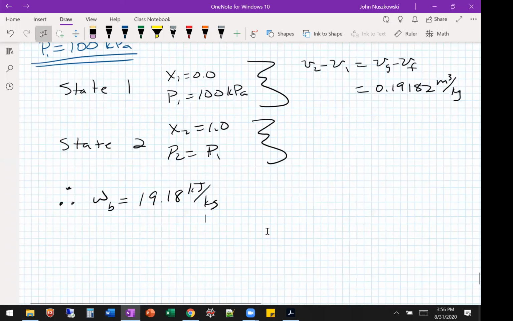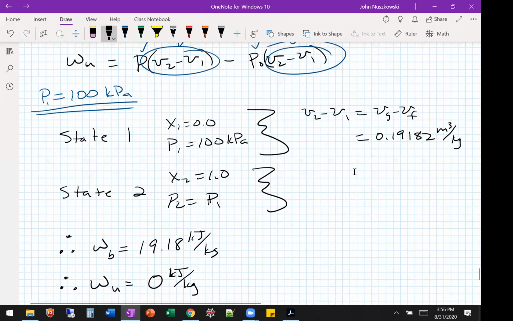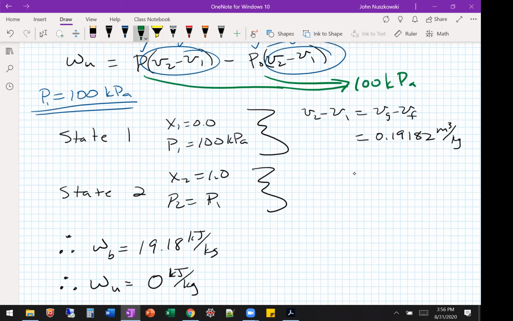For the useful work, we get a whopping 0 kilojoules per kilogram, because the pressure inside the cylinder and the surrounding pressure are both 100 kPa, and delta V is the same.